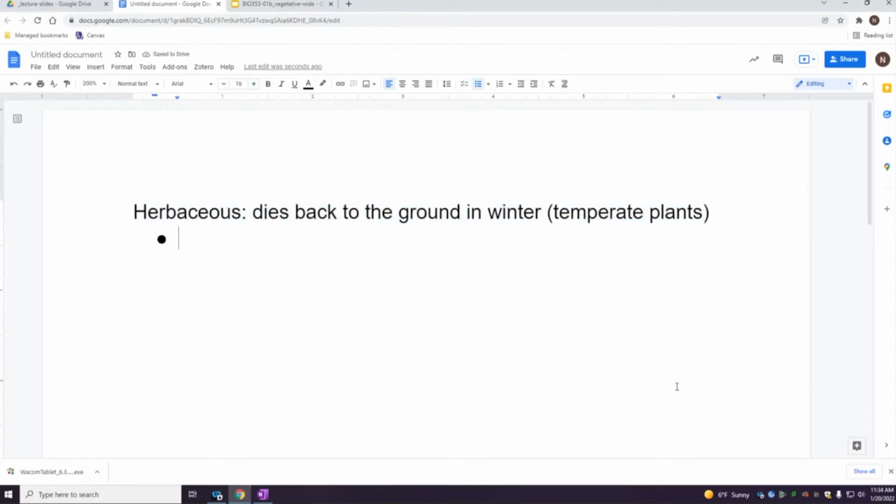So herbaceous isn't always that the whole plant dies. There's sort of a subset of herbaceous plants that are known as annuals. And those die above ground and below ground at the end of the growing season.